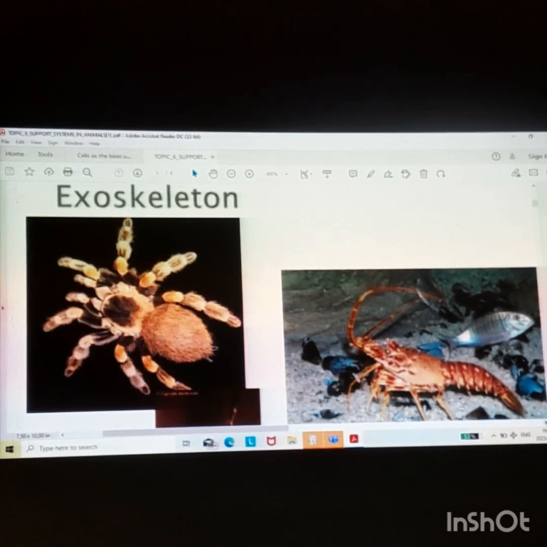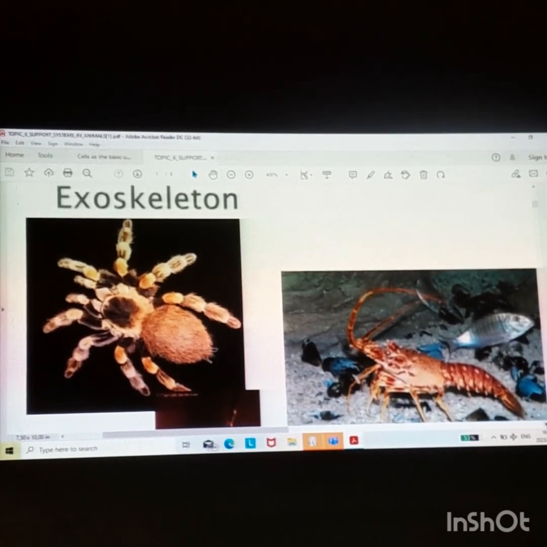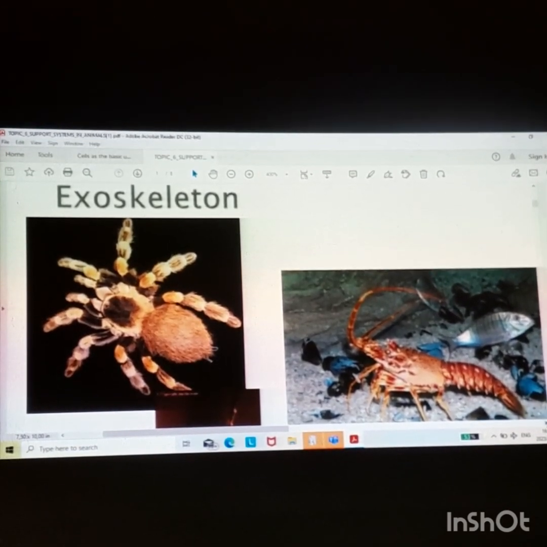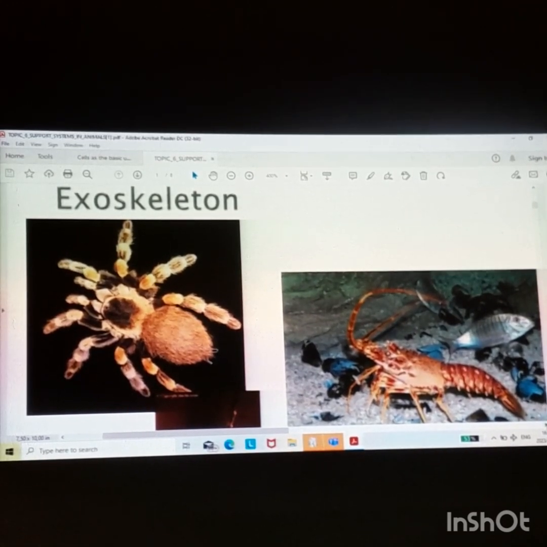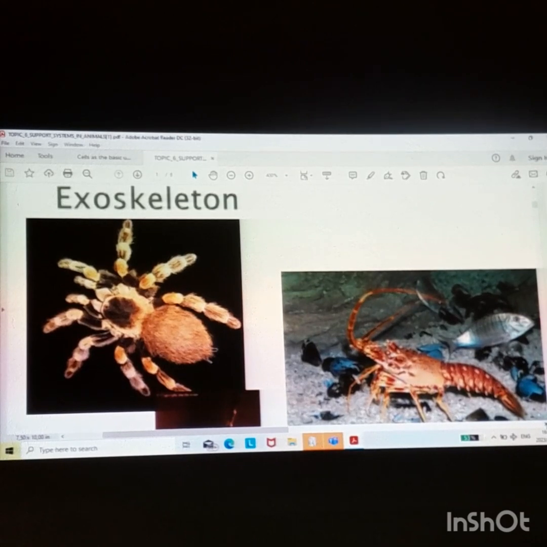When we talk about these organisms, we talk about organisms such as crabs, snails, locusts, spiders, and other organisms which consist of an external skeleton. I hope we understand each other.